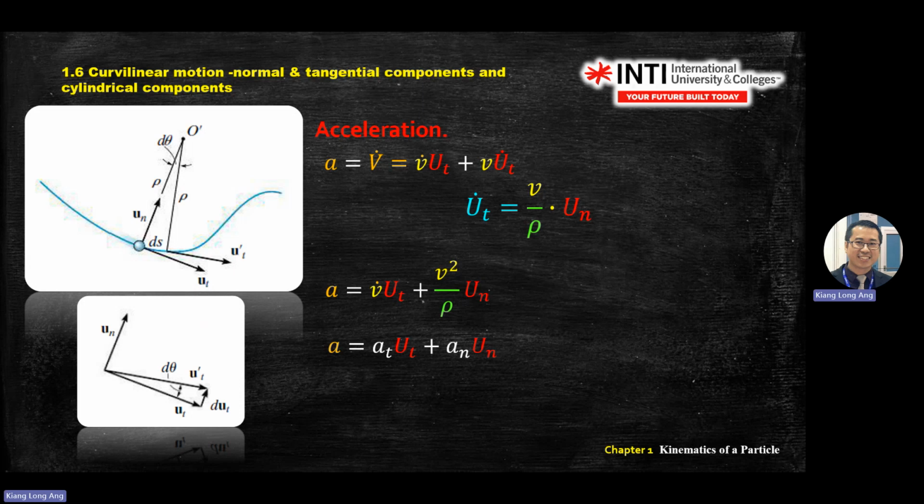Once you have v, you can convert this diagram into acceleration. For acceleration, you know that you have tangent direction and normal direction. So you write AT UT plus AN UN. You write this one, you get 1 mark. You write this one, you get 1 mark. Continue.